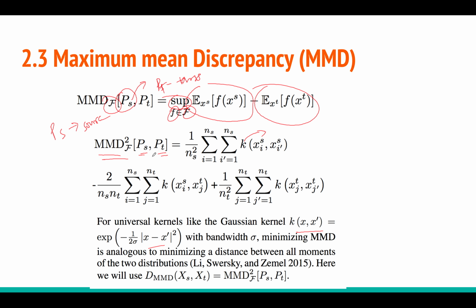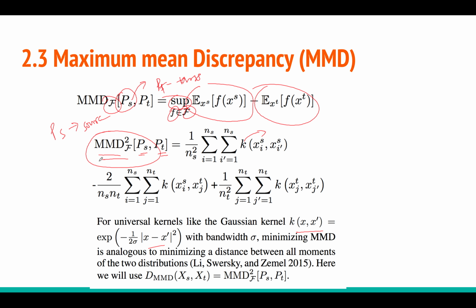For example, you have two distributions; how do you compare them? A very simple one could be KL divergence, or Jensen-Shannon divergence in the case of generative adversarial networks. In the same way you can also use MMD, which is also a distribution matching loss function, and you can use that to train a generative adversarial network.